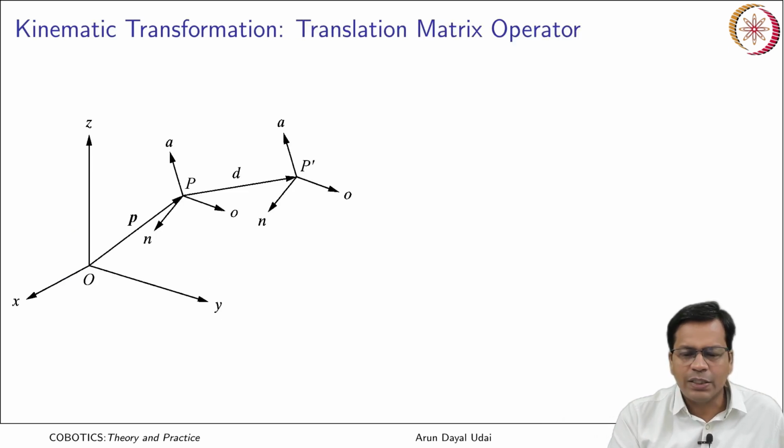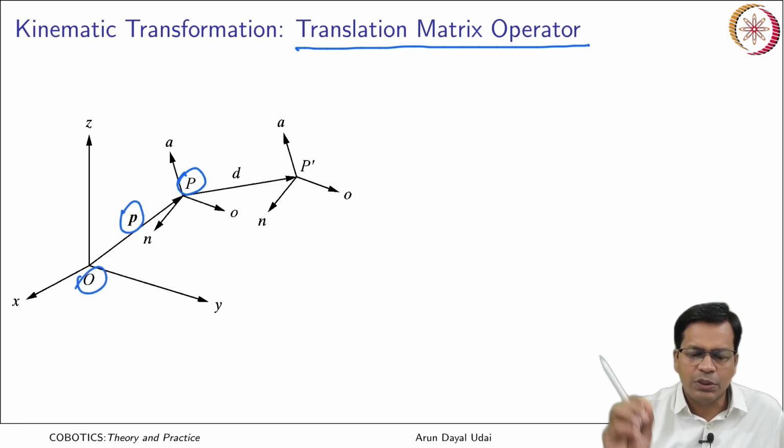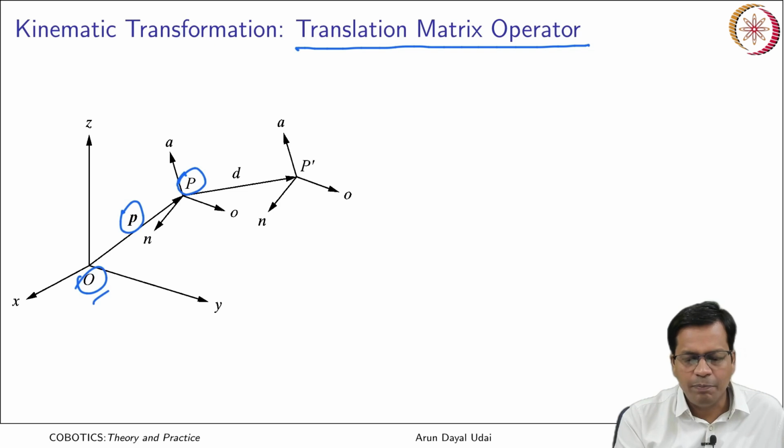So, now let us talk about the translation matrix operator. How does it happen? You see, this is the original location of this point in frame O. This is the position vector which tells you the position of point P in the frame O. And N, O, A gives you the orientation. We are not talking about that.